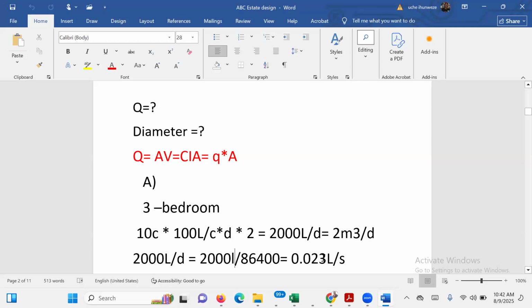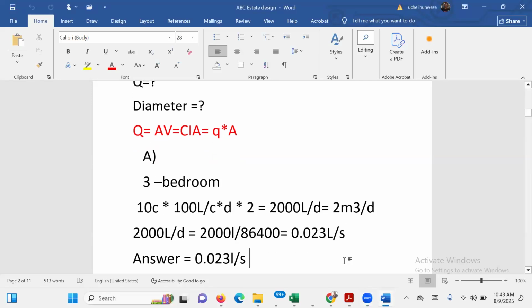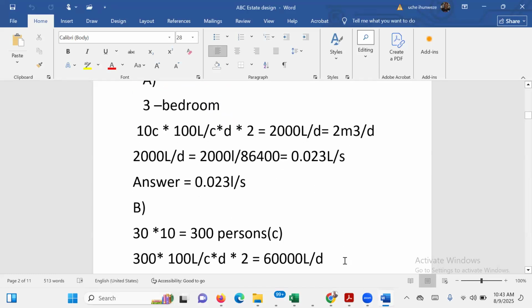So in this case, we now divide 2,000 by 86,400 to convert this day to seconds. If you do that conversion, you are going to get 0.023 liters per second. Now this is the flow we need per house. So the answer is 0.023.